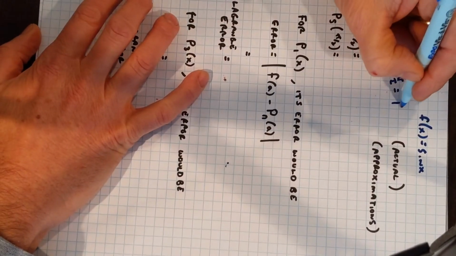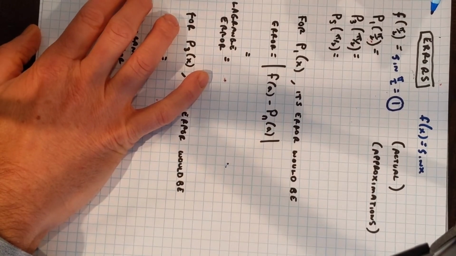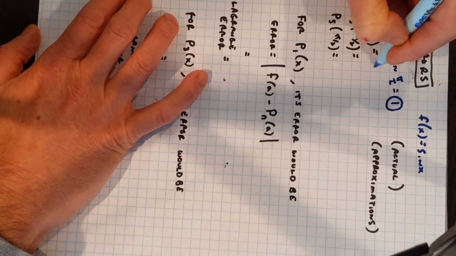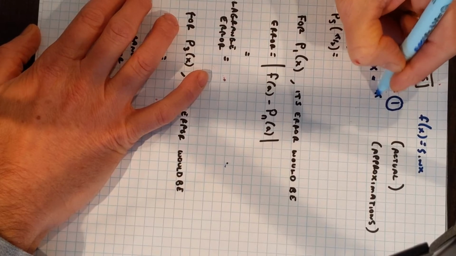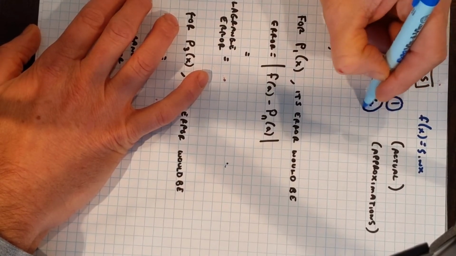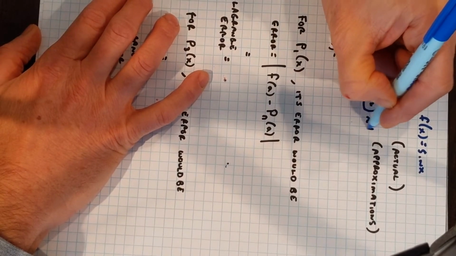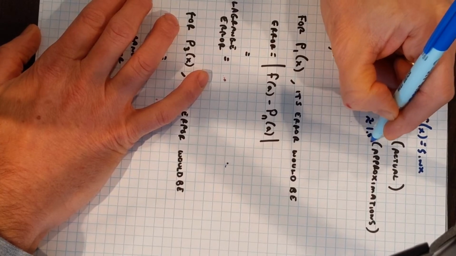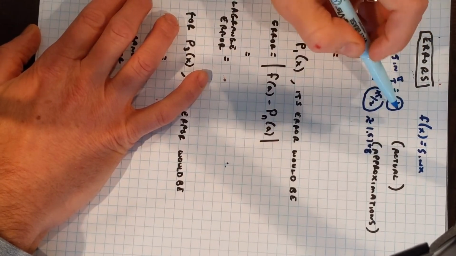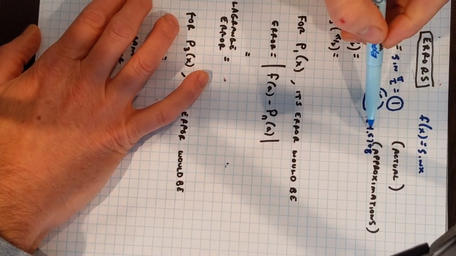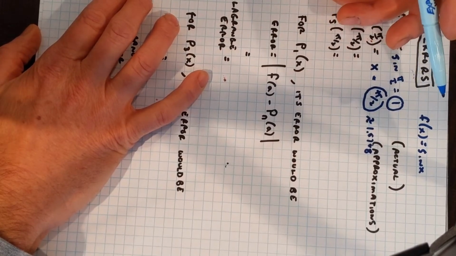So this is the actual value of the function. Now, if I use that first order Taylor polynomial to approximate, the function was just x, so it was just pi over 2. If you put that in your calculator, you get approximately 1.5708. You can see that the actual is 1. My approximation using just a first order polynomial is 1.5708, not very close at all.